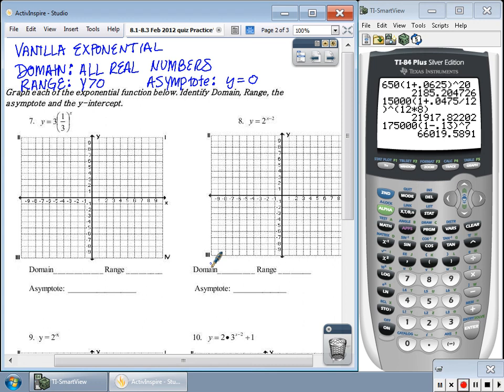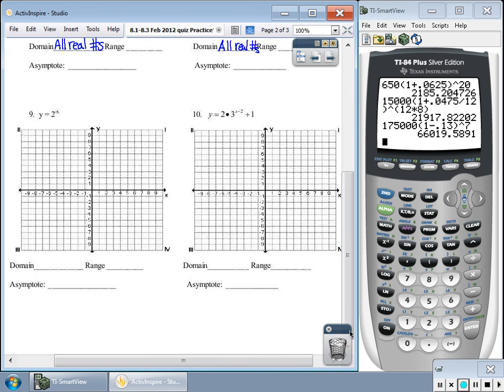So immediately for each one of these, go to your domain and write all real numbers. Come down here. You want to get these points, so make sure you do that. All real numbers. All real numbers.